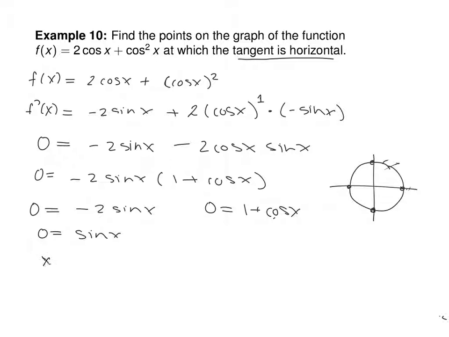So x equals pi n. Does that make sense? Sine is 0 if x equals 0, pi, 2 pi, and also all the negatives. Sine is the y.